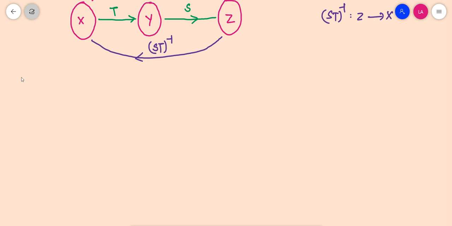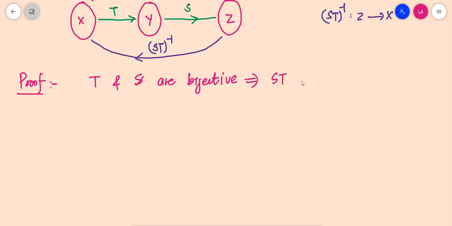So the proof is, given that T and S are bijective, then its composition ST is also bijective.